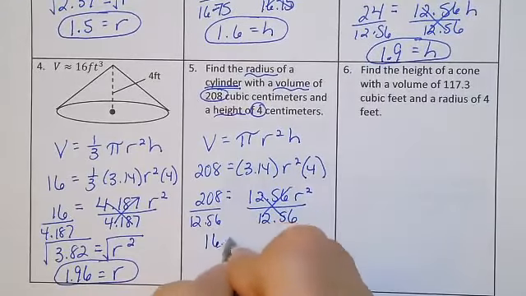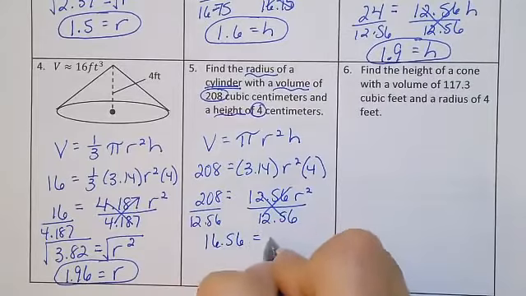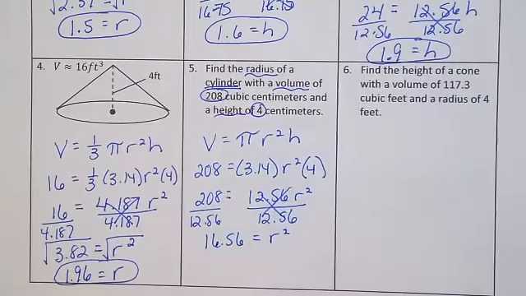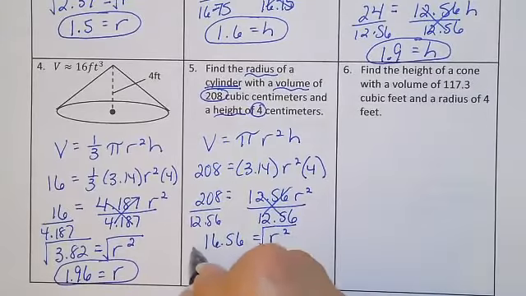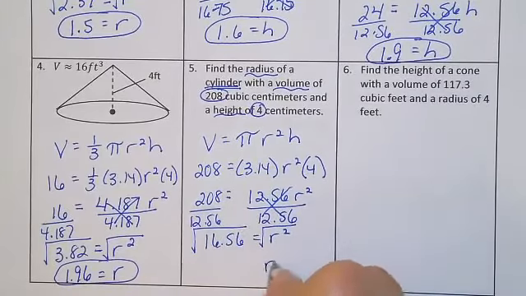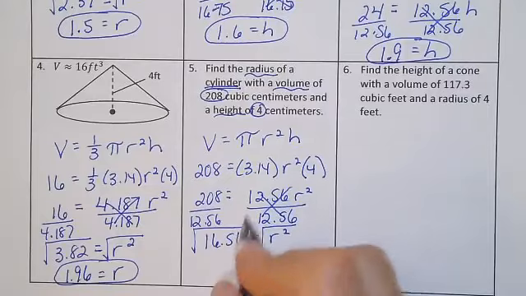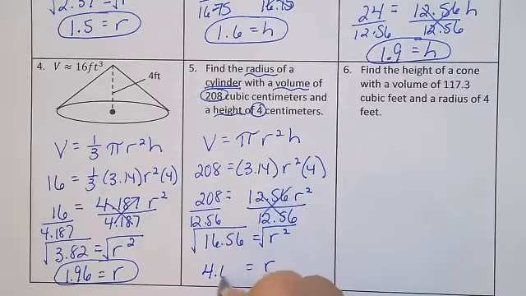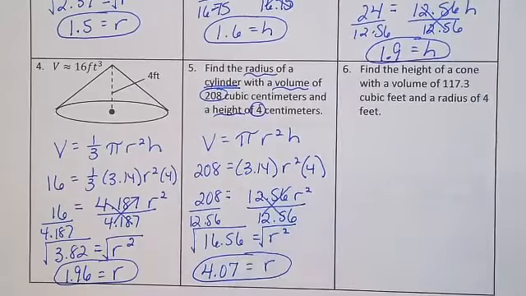And we get 16.56 equals r squared. Okay, we're going to undo this by finding the square root of both sides. So that means a radius is 4.07 centimeters.